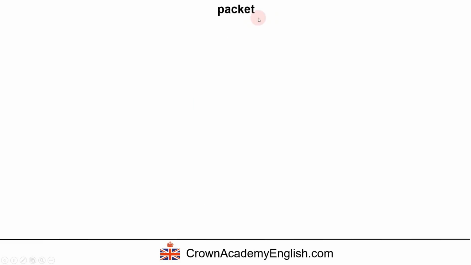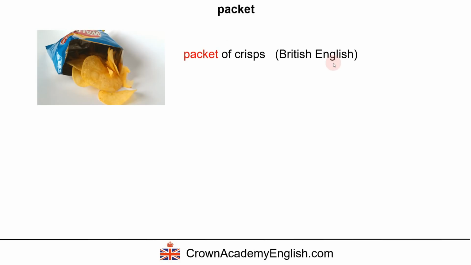Packet. Packet. This is a very common type of container. So here are some example uses. So here is a packet of crisps. So this is the packet, and these are the crisps. Notice this word crisps, this is British English.